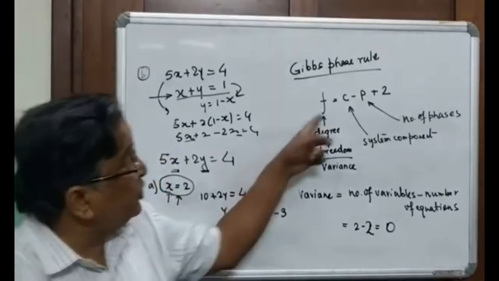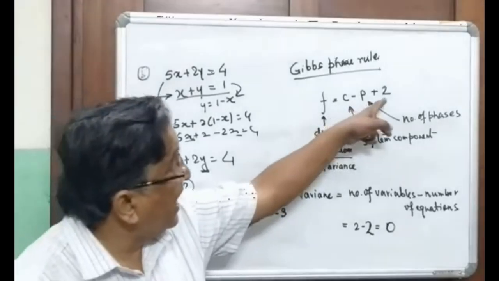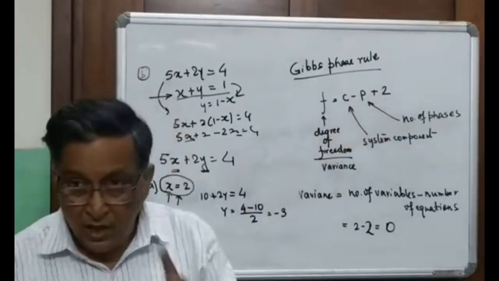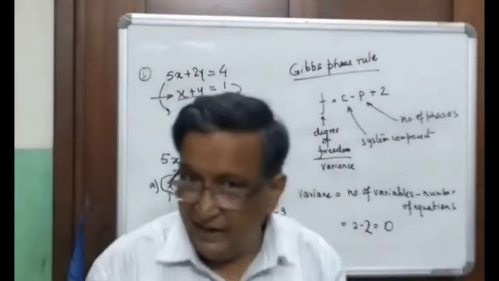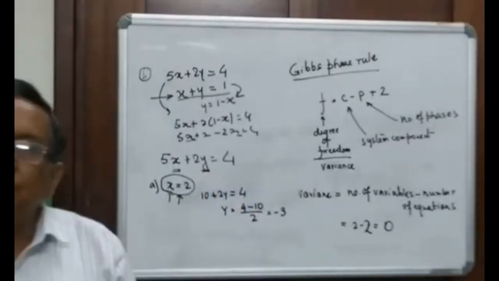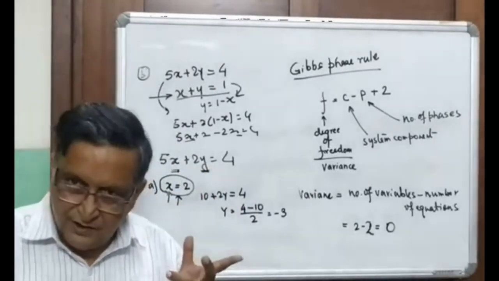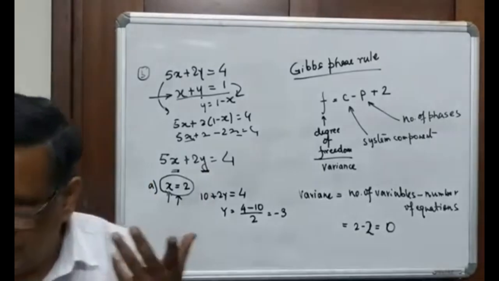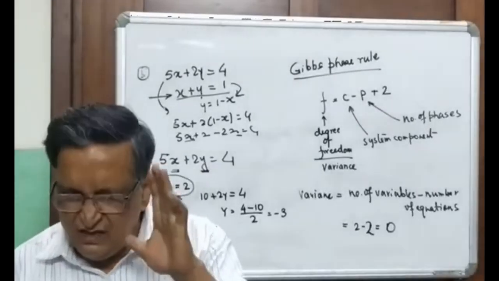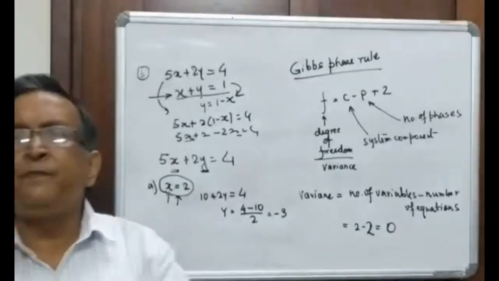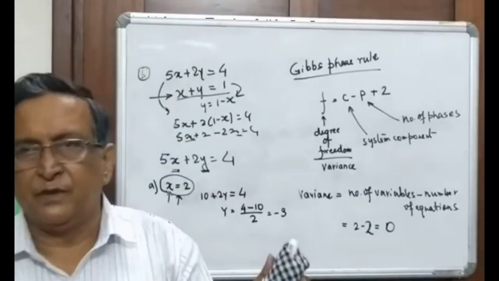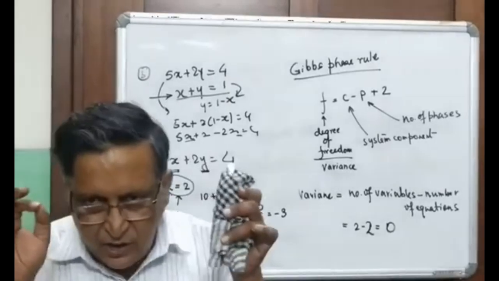Only when you do that, the plus 2 tells you how many variables remain unquantified. Tricky, no? Metamorphic petrology is philosophy. It has great philosophy in it. You have to understand it dead accurate. You have to be dead accurate with your concept.